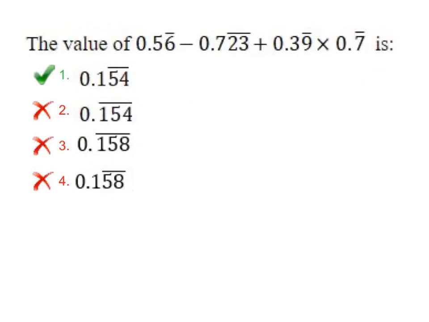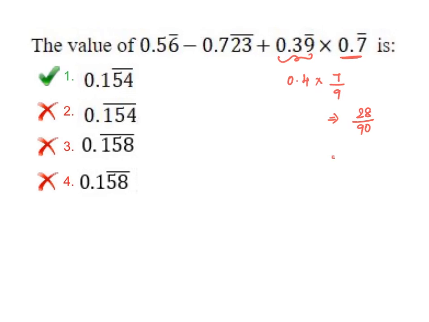Again a similar question here. 0.56 bar on 6 minus 0.723 bar, plus 0.4 into 0.7 bar, which I can write as 7 by 9. 4 into 7, 28 by 90. 28 by 9 can be written as 3.3, 3 nines are 27, so 1 left. 1 by 9 is 1 bar, by 10, I can write it as 0.31 bar.